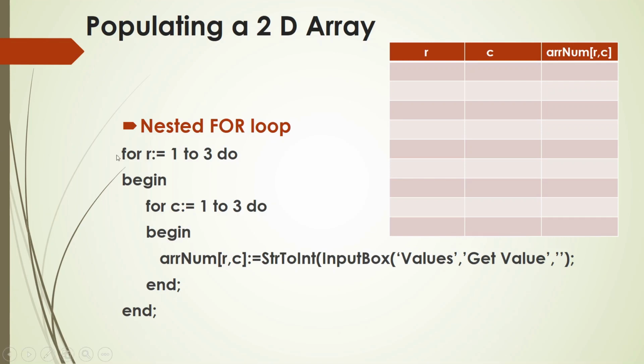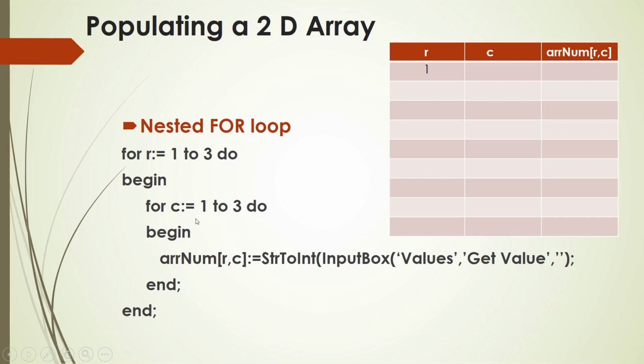So my outer for loop starts at 1 and ends at 3. I come in, my inner for loop starts at 1 and ends at 3. And each time I'm entering a value. So let's see how the for loop works. When R starts off at 1, I test my condition: is 1 less than or equal to 3?